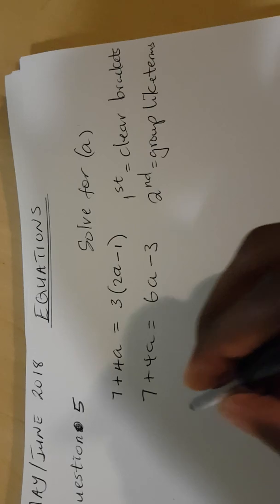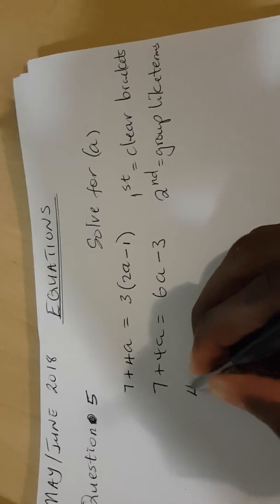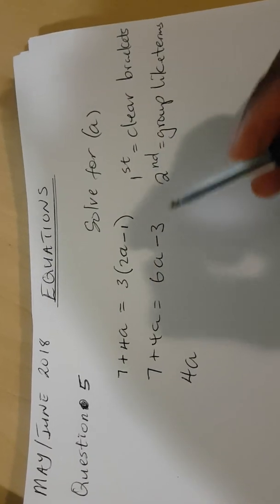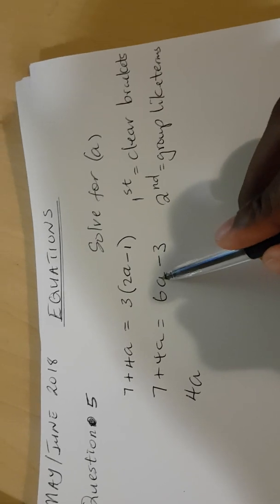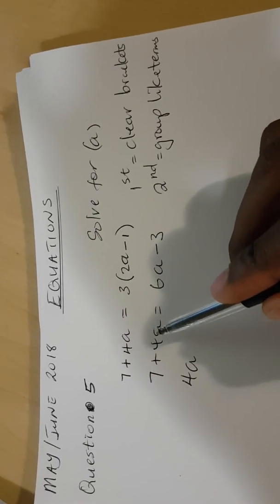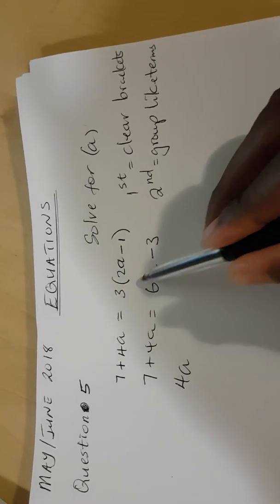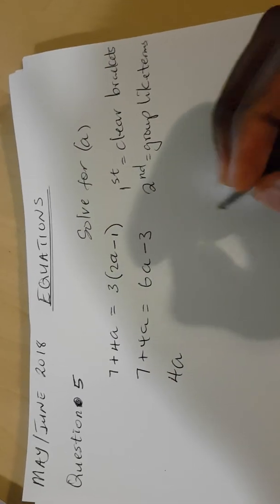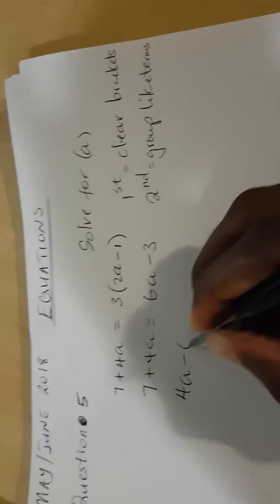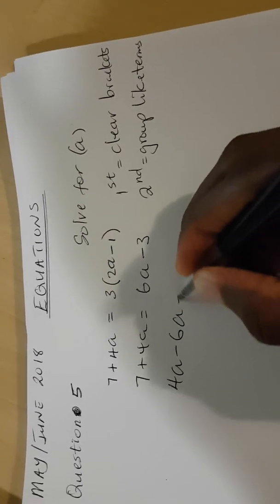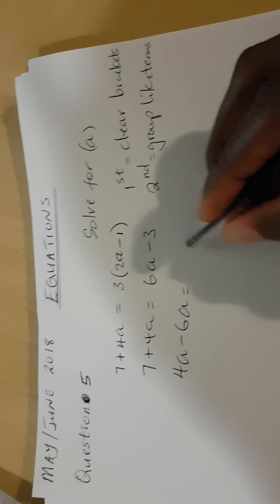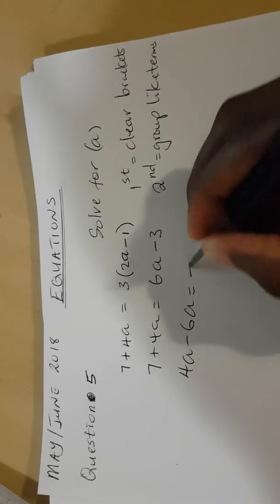Okay, so I'll say this side we have 4a. So when you're grouping the like terms, if you're taking this 6a to cross the equal sign to come this side, here it's positive 6a. So when it crosses the equal sign, it's going to be negative 6a. So it's going to be 4a minus 6a is equals to, we already have negative 3 here.